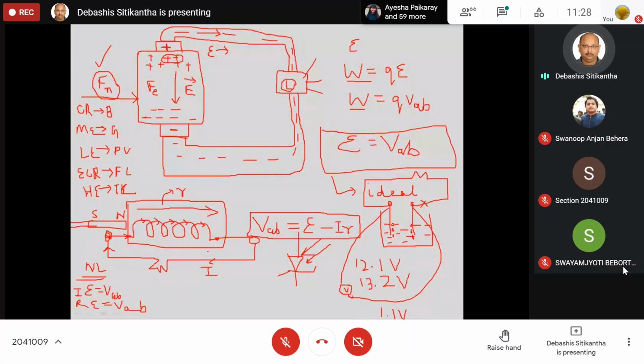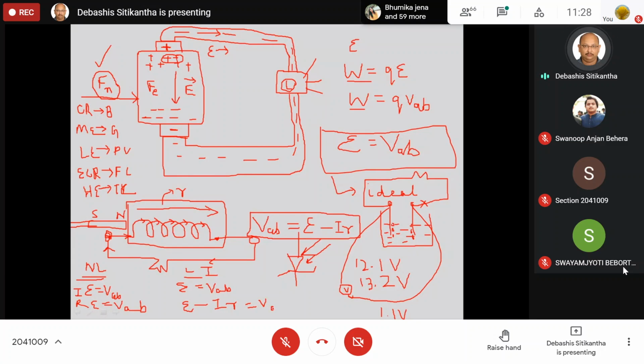But the moment I give some load, in case of your ideal EMF source, E is still equal to VAB. There is no change in the equation. Whereas in case of a real EMF source, VAB will be equal to E minus IR. Why is it so?